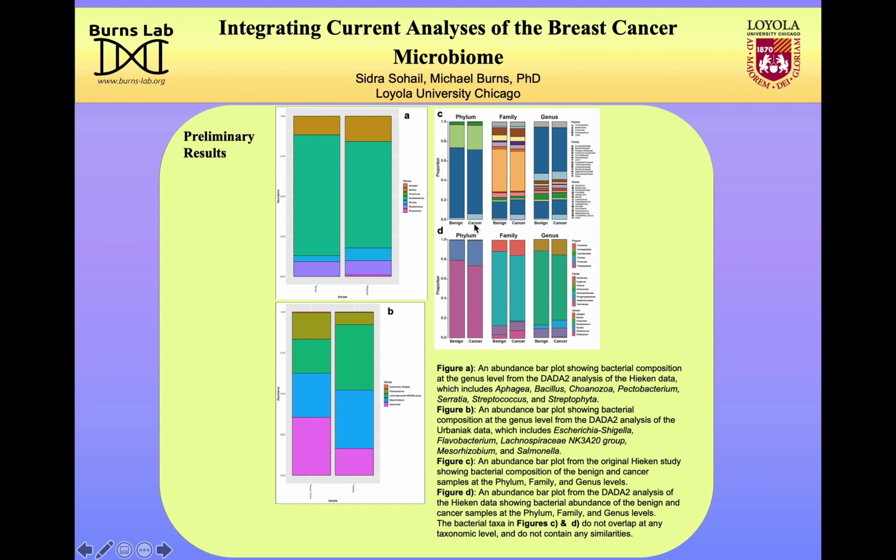So in our reanalysis of the Heekin data, when we compare our data to the plot from the original study, we don't get any similar results between these two. They have a very different taxonomic assignment than what our results show.